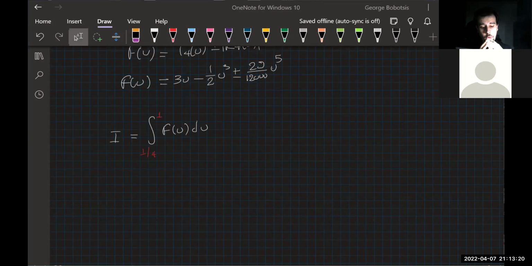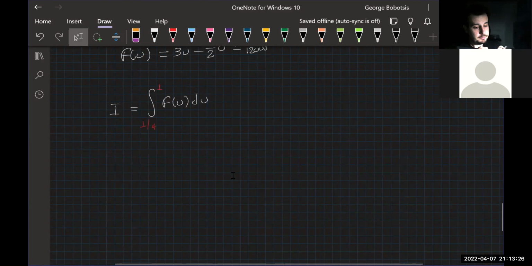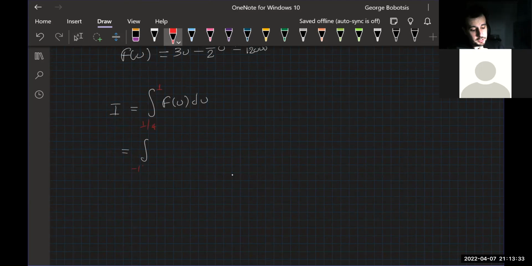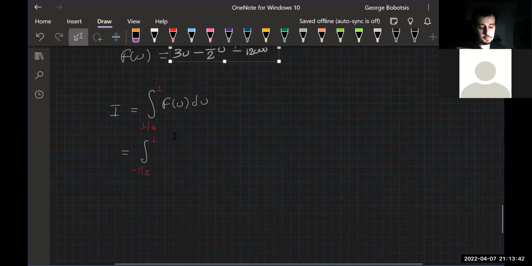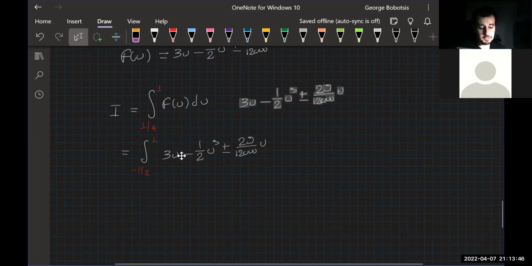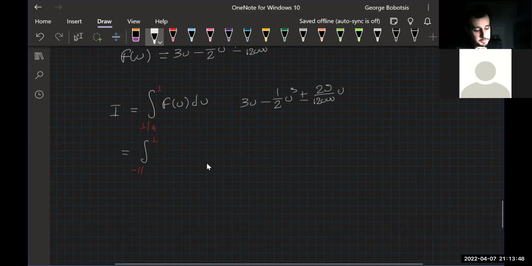But before I do the integration, I will switch to the x world. So now we go from negative 1/2 to 1. F of u is going to be these bad boys over here, but we're going to change them all to x. I guess I haven't done that yet, so keep the bounds the same.